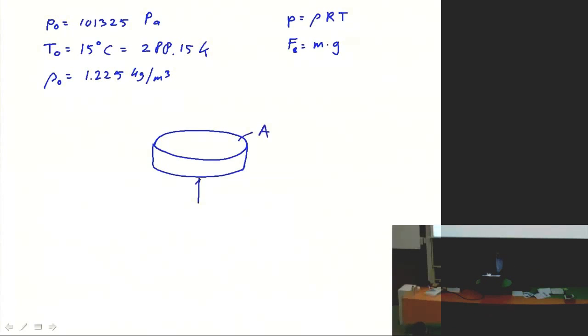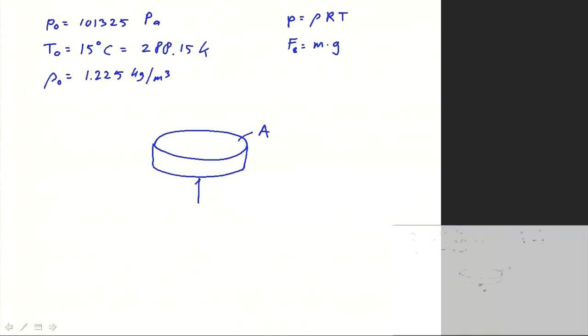Underneath, there's a pressure P, and then the pressure on the top side we call, let's see, P plus delta P.